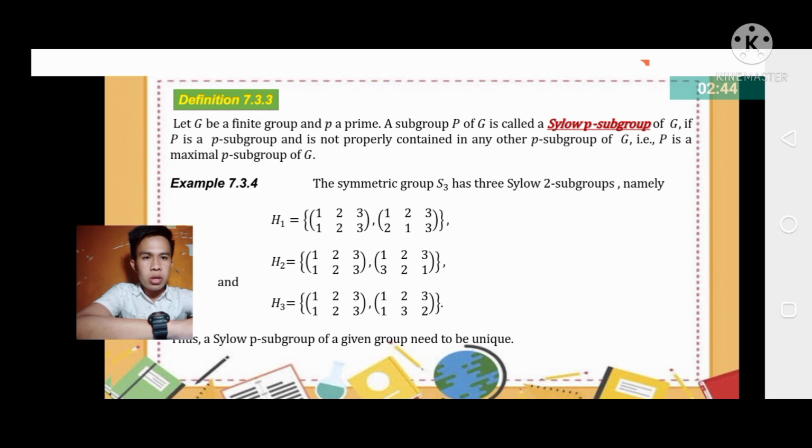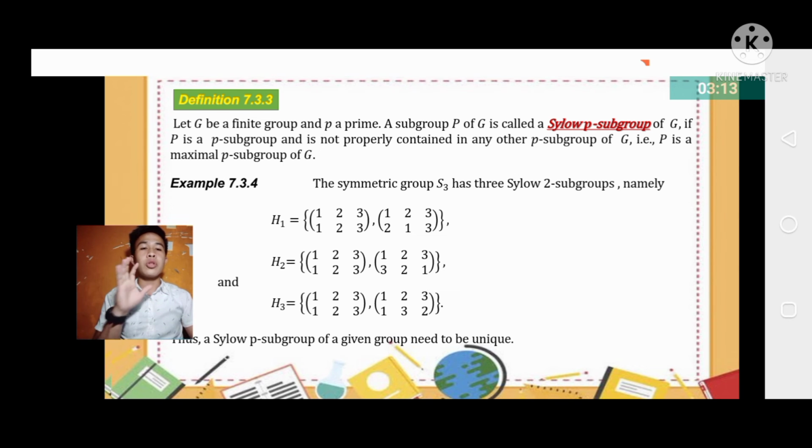The H sub 1, we have 2 elements, no? H sub 1 containing the set, the parentheses 1 maps to 1, 2 maps to 2, 3 maps to 3, comma 1 maps to 2, 2 maps to 1, 3 maps to 3, as well as for the second subgroup, as well as for the last subgroup. So these 3 subgroups contain order 2.